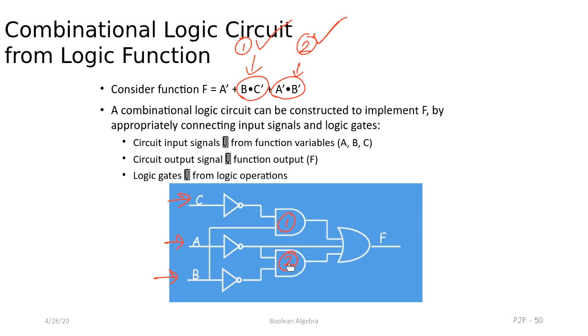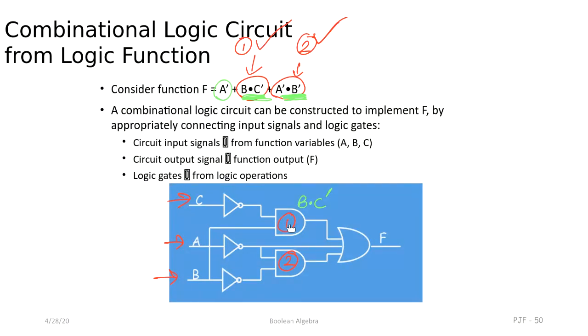Now we have to add all three parts together. This is the first part, this is the second part, and this is the third part. So the output of AND gate 1, what will be the output? It will be B dot C inverse.